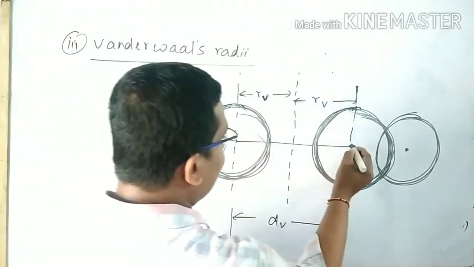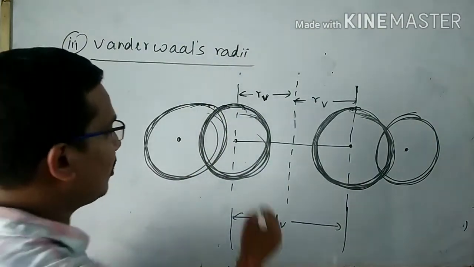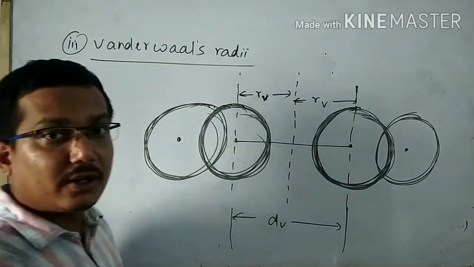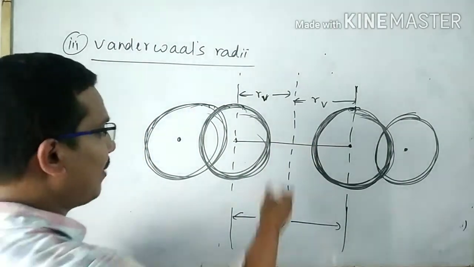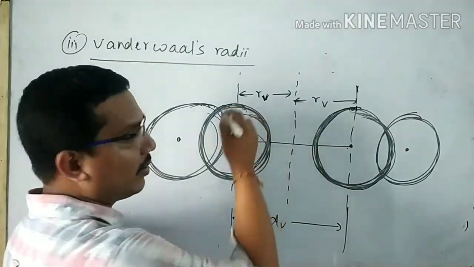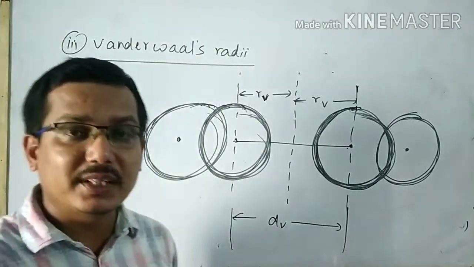And this is your nucleus. There are two nuclei present here. Then the half of this distance is called your van der Waals radii. Then what will be the statement?